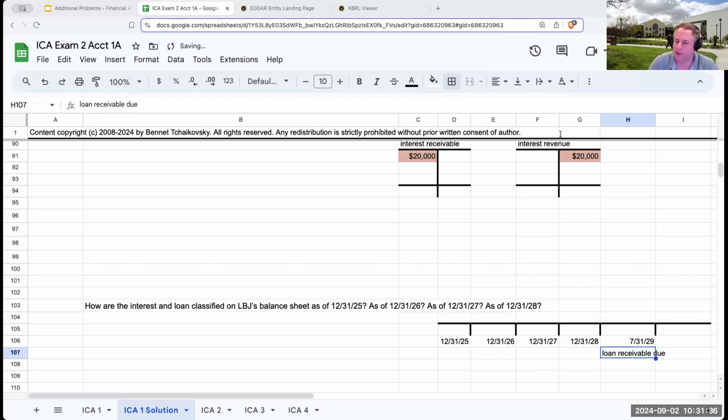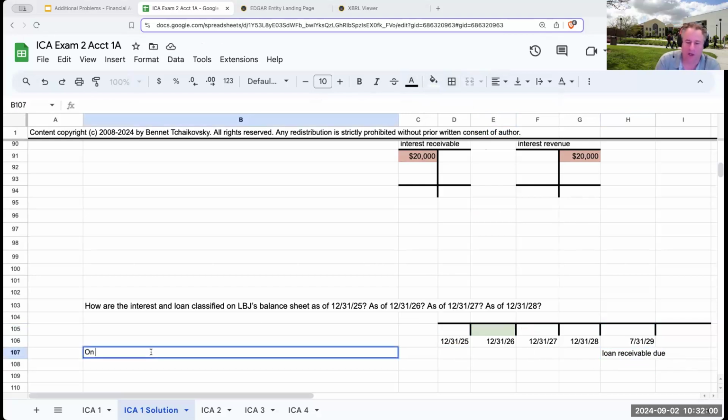So when I look at this, what I'm really saying is, in order for something to be a current asset, it has to be payable within the next period. So as of 12/31/25, in order for this to be a current asset, it has to be paid to me here.